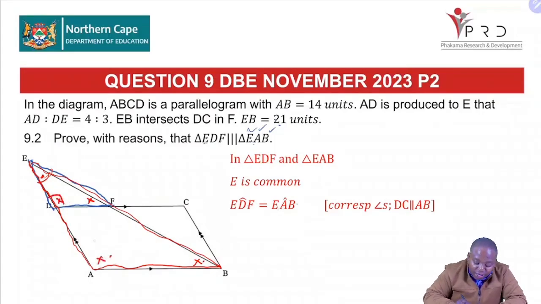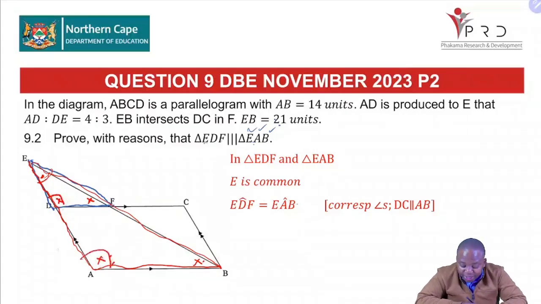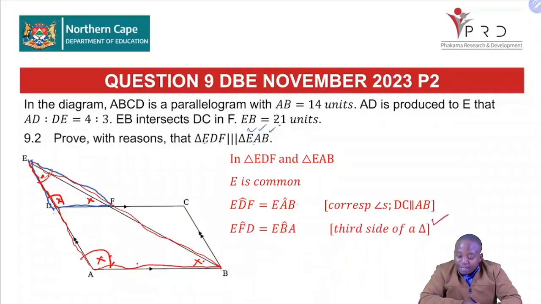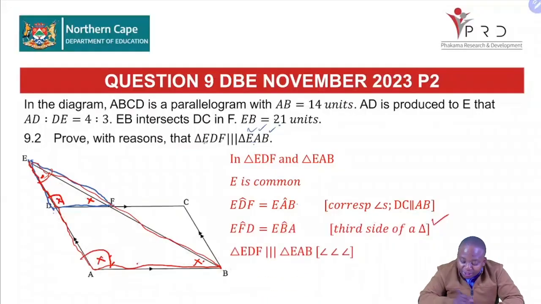So these two are giving us the corresponding angles, not these ones. However, therefore, we can now say angle EFD is equal to angle EBA. Why? That is the third angle of a triangle. Therefore, we can now say triangle EDF is similar to triangle EAB.